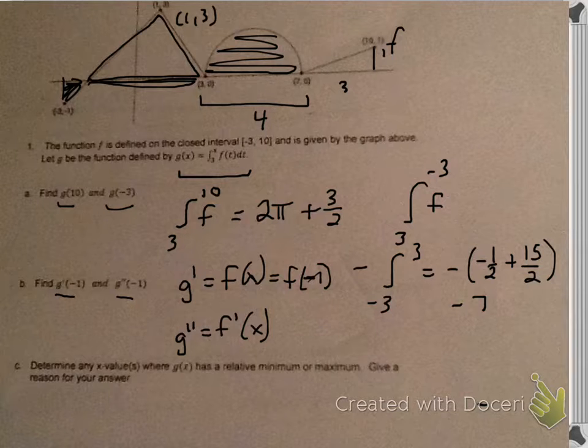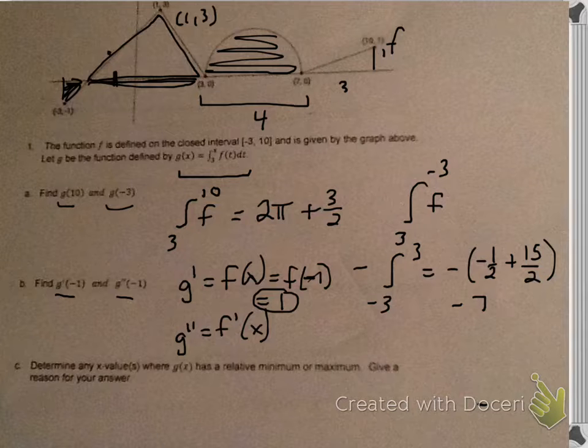We're just going to look at the function value at negative 1. And so at negative 1, the function value is positive 1. And again, it's missing a coordinate. You're estimating because it's a consistent slope. So f of negative 1 is 1.